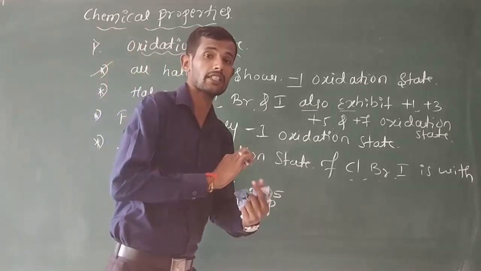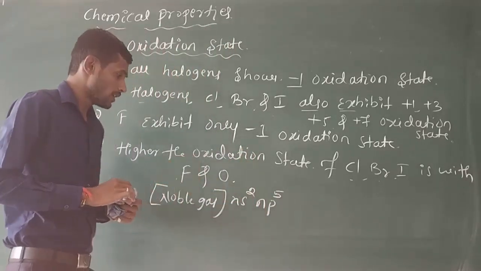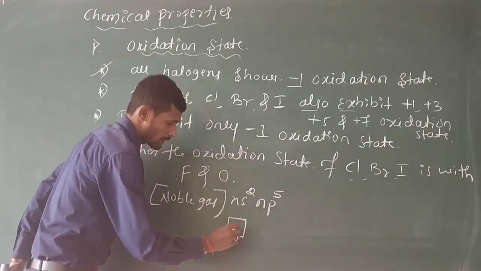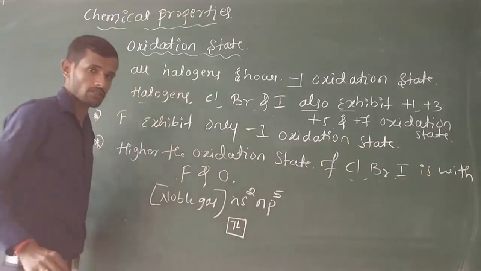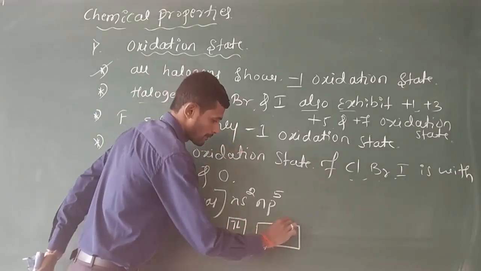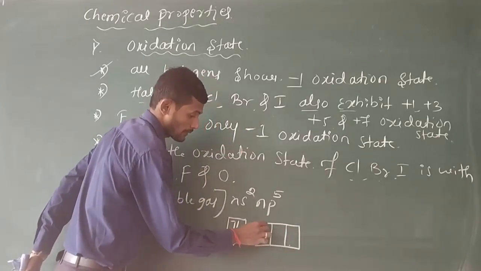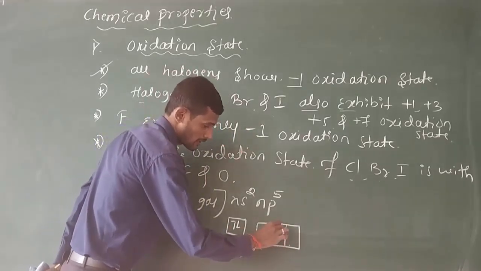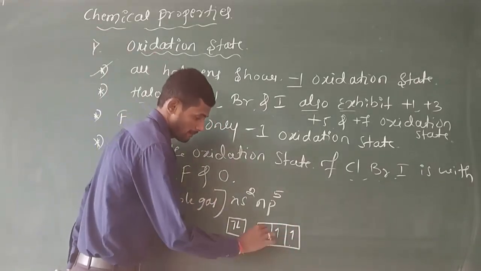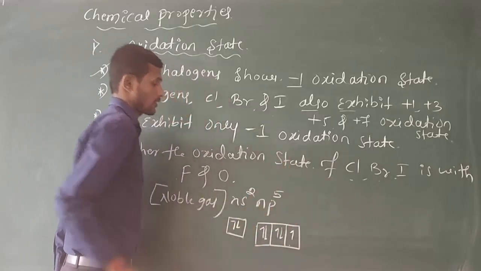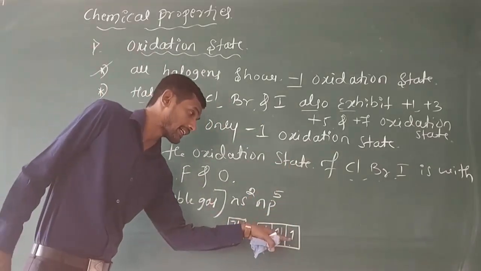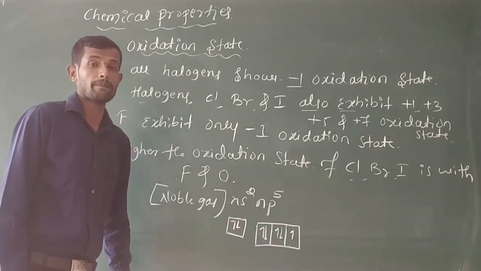Let's see here, in the s orbital there are 2 electrons, and in the p orbital there are 5 electrons, means according to Hund's rule, first they occupy singly, then it becomes paired. Yes, when you observe this electron configuration, it contains one unpaired electron.